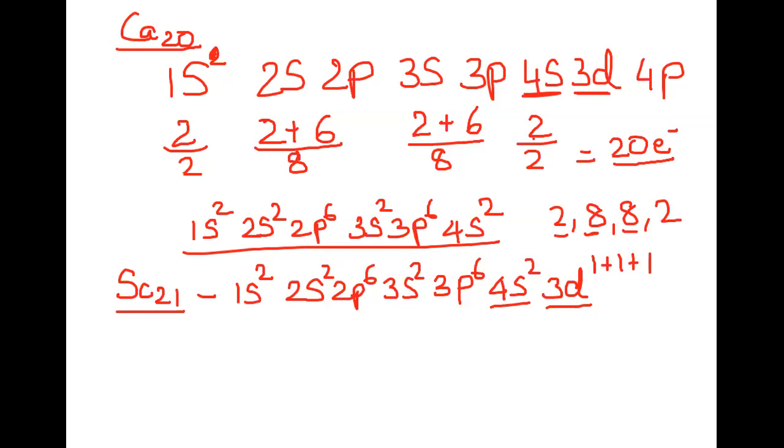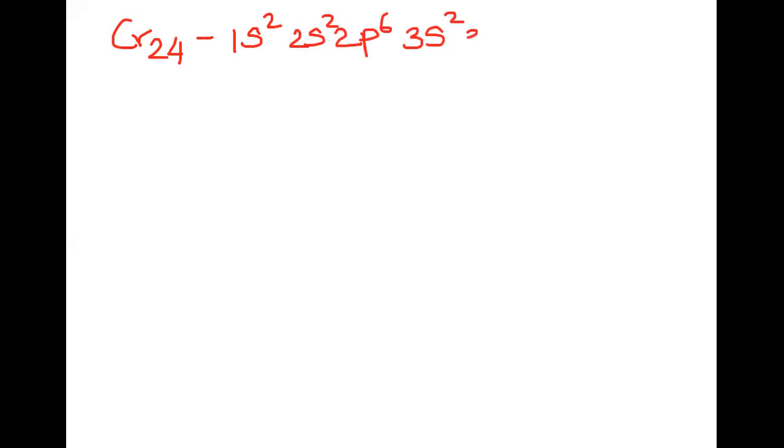This is where Hund's rule of maximum multiplicity will come into play. You see, chromium, atomic number 24. Again, proton number 24, electrons 24. So we start writing the electronic configuration: 1s2, 2s2, 2p6, then 3s2, then 3p6, then 4s2.